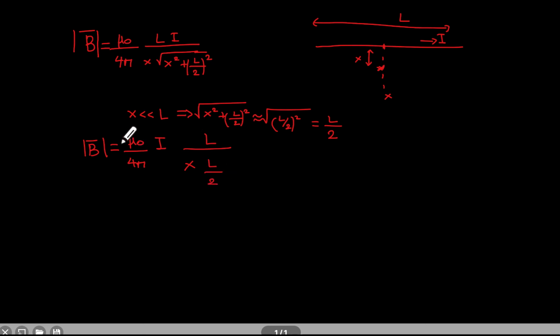Now, let's make this approximately equal, if x is much less than L. And then this is mu naught over 4 pi. Now the L with the L will cancel out, and I have 2I over x, but I'm going to rewrite that. Let's say I'm going to use R to write it.